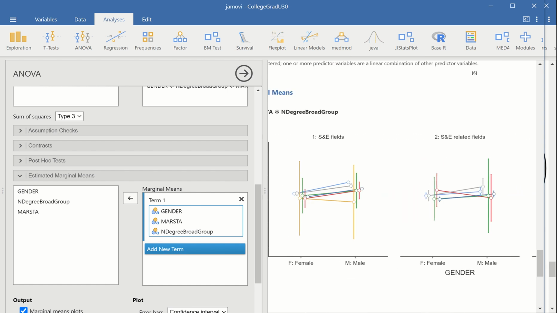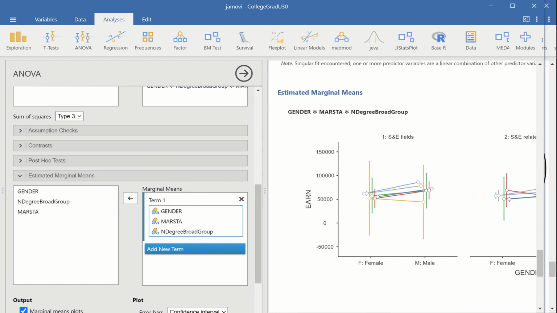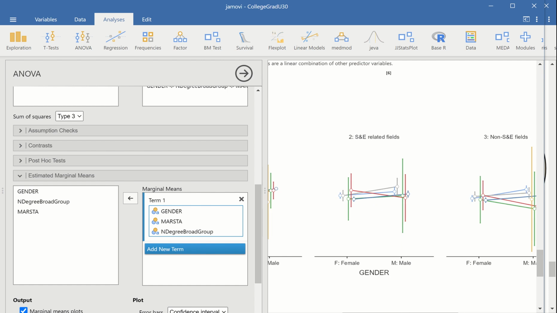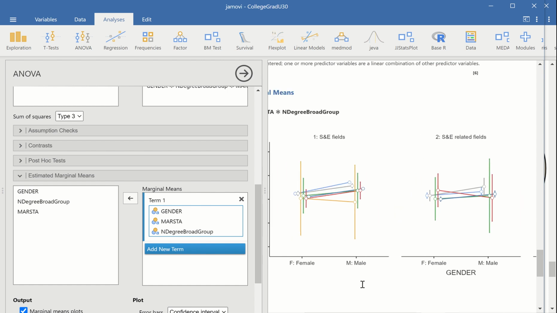And there's the claim that married men make a lot more money than unmarried men, and so we could look at that. The never married would be the sixes, and we could look at the married, which would be the light blues, probably the hardest ones to see. And we'll go into the STEM fields.